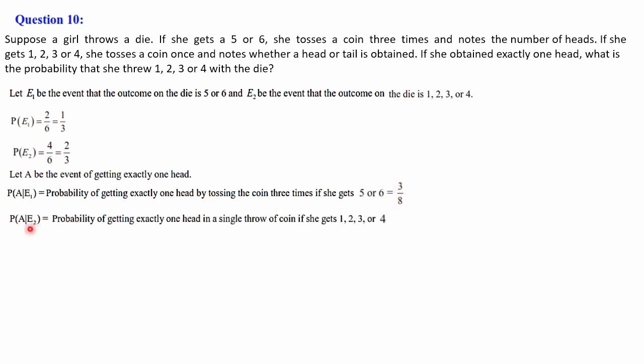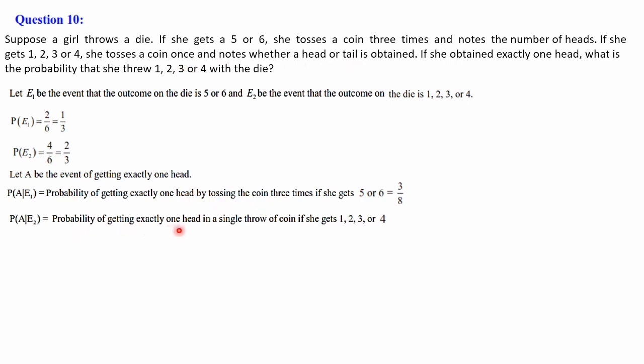Next is probability of A given E2. A given E2 in the sense she is getting exactly one head from the second event. Second event in the sense when she is getting 1, 2, 3 or 4. While getting 1, 2, 3 or 4 from the die, she tosses a coin only once and notes whether a head or tail is obtained. Previously she was throwing the coin 3 times.